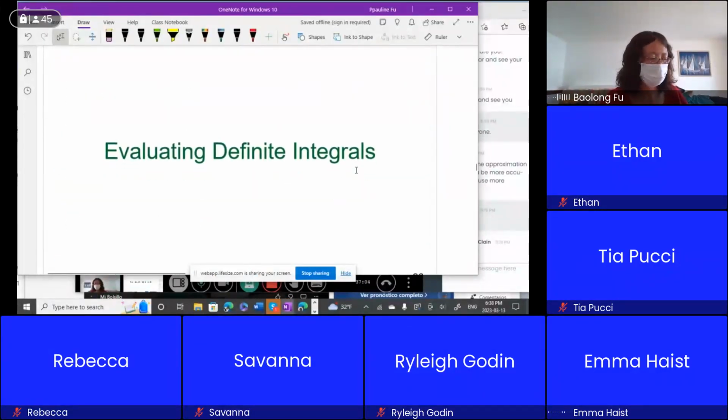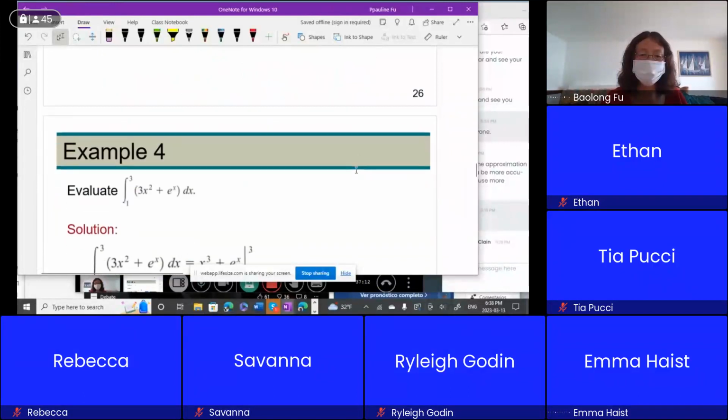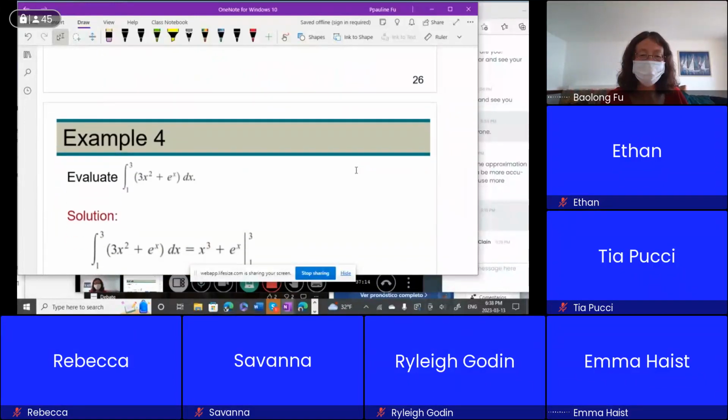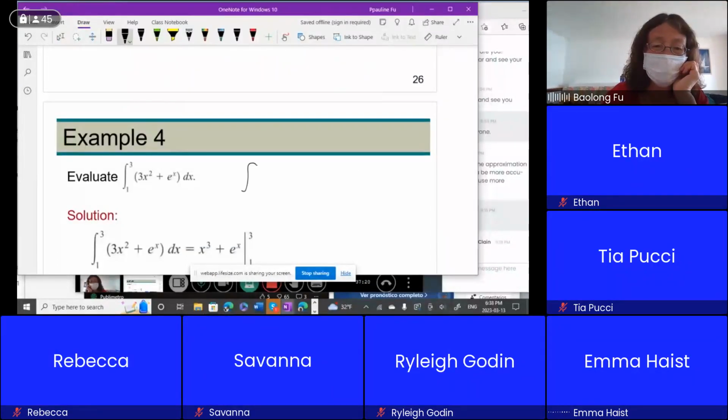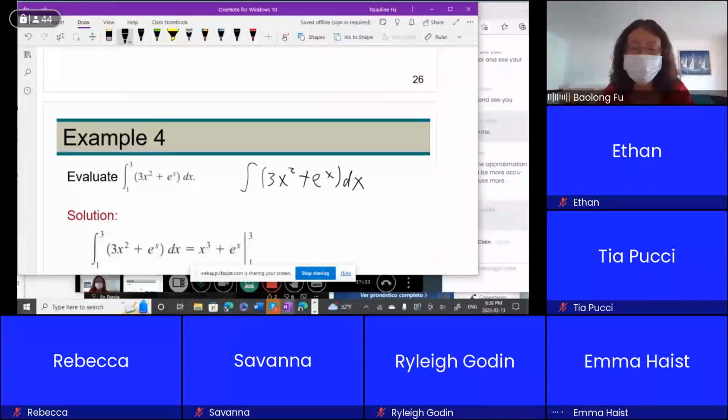All right. So next topic, evaluate definite integrals. Last class, if I give you this question, evaluate the integral of 3x squared plus e^x. This kind of question might be on the midterm this Friday.